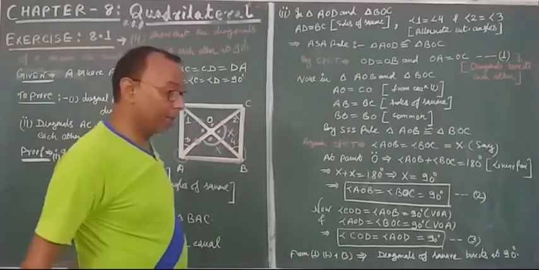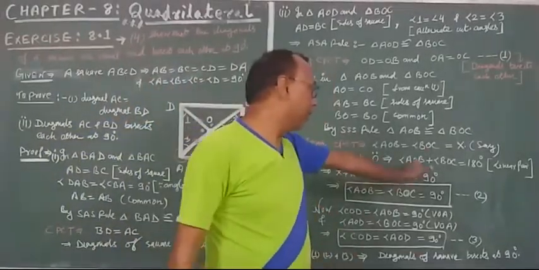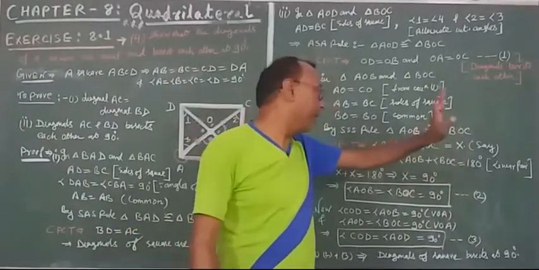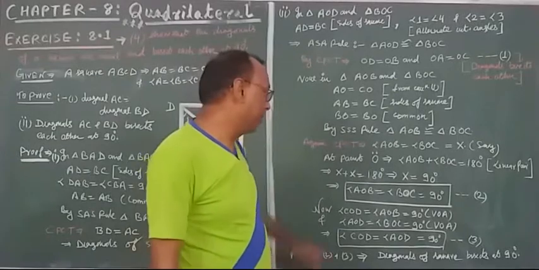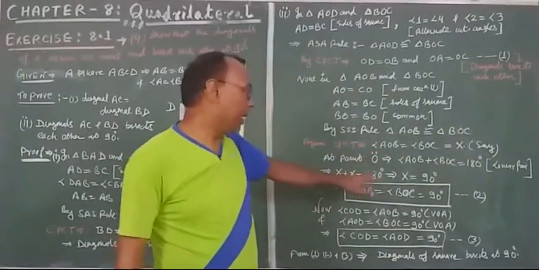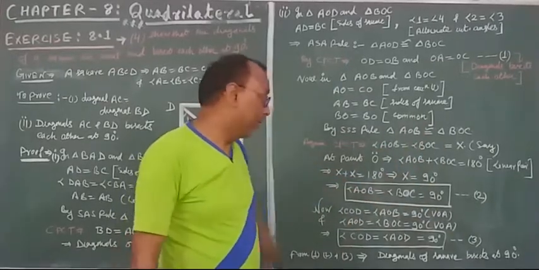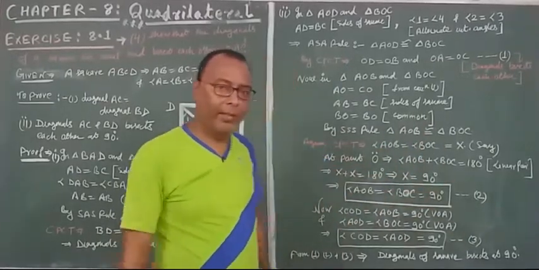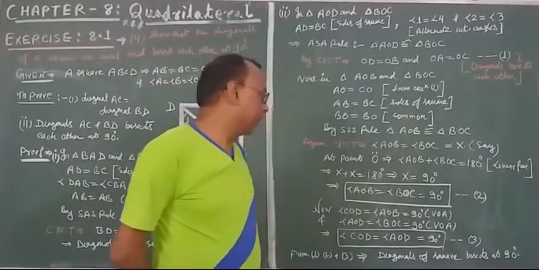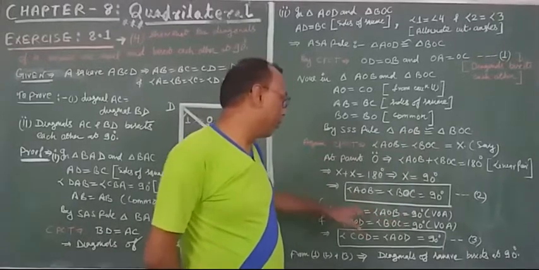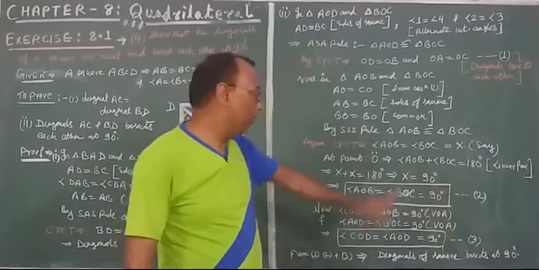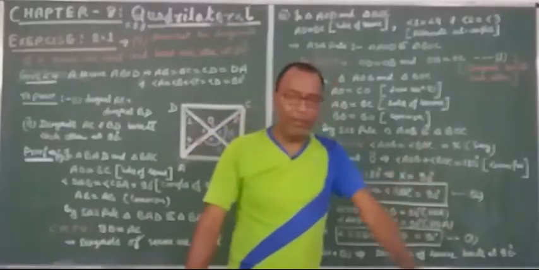We have taken angle AOB as X and angle BOC as X. So X plus X is 180 degrees, therefore X is equal to 90. Therefore angle AOB is equal to angle BOC is equal to 90 degrees. This is equation number 2.